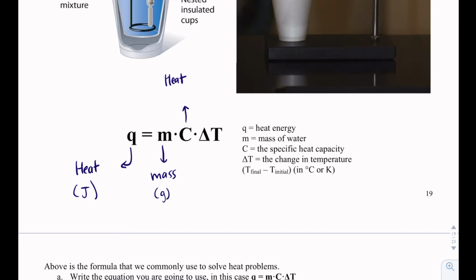We'll sometimes call that the specific heat, and that's in units of joules divided by grams degrees Celsius. Those units are very confusing at first, but they'll make sense. And then delta T, delta in science just means final minus initial. So this is going to be the change in temperature.